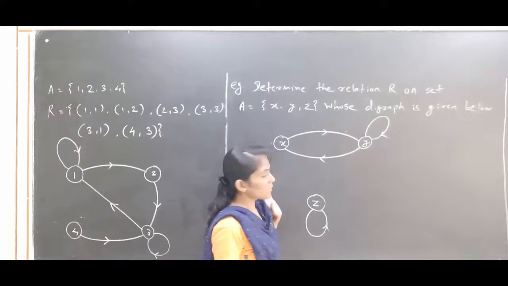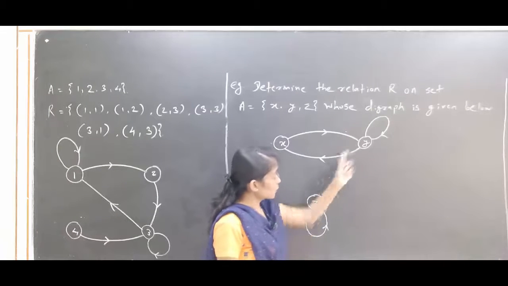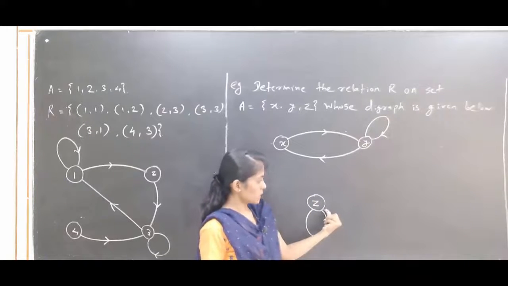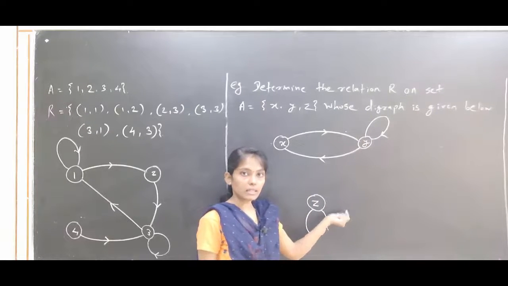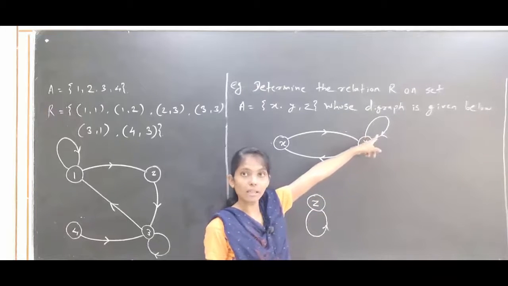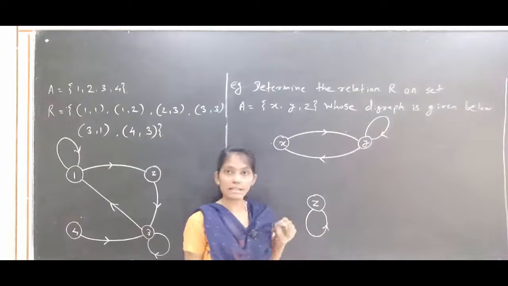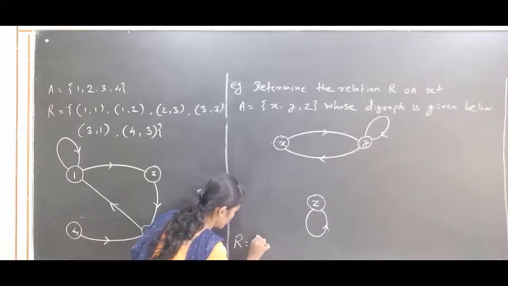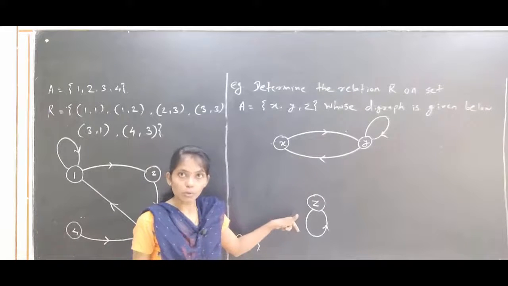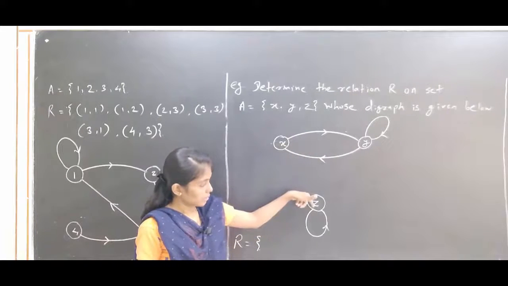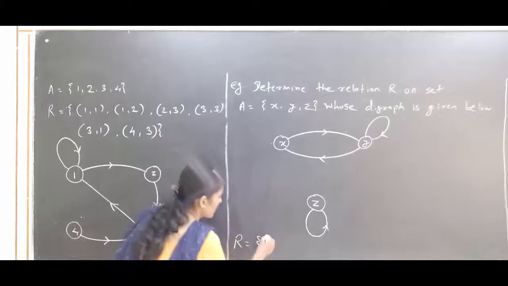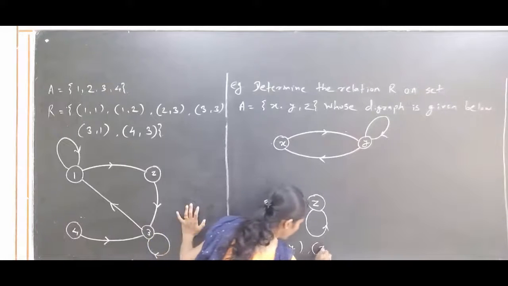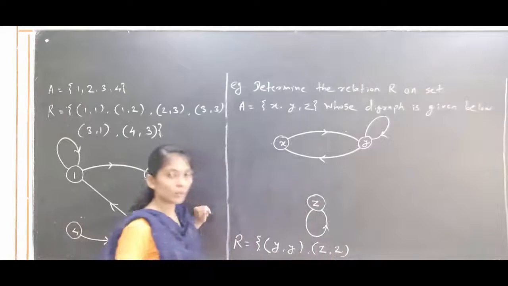Now observe the digraph. There are two loops, Y to Y and Z to Z. That means relation R contains the ordered pairs (Y,Y) and (Z,Z).